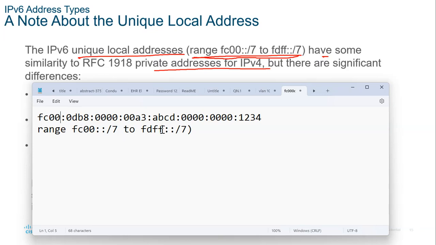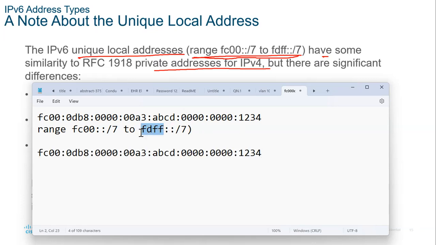And the slash, as you can see, we have /7.